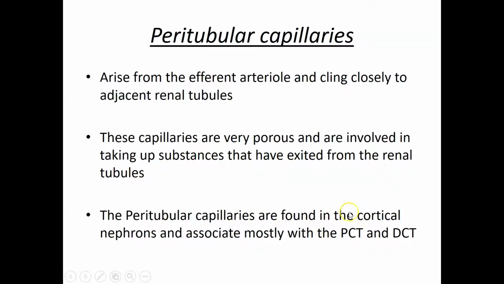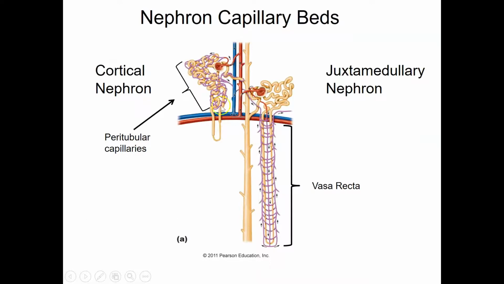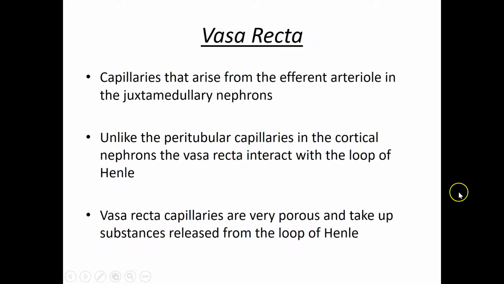Peritubular capillaries are found in the cortical nephrons surrounding the PCT and the DCT. Okay, here it is. The vasa recta, on the other hand, are capillaries arising from the efferent arteriole in juxtamedullary nephrons, and they surround the loop of Henle, and they're going to take up material exiting from the kidney tubule at the loop of Henle.